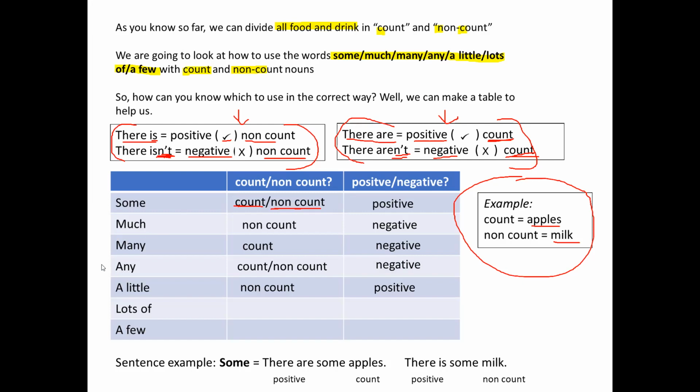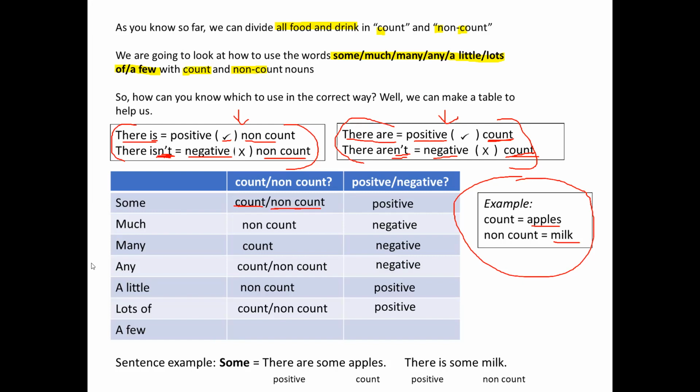Lots of apples, lots of milk. Yeah, both is okay. Again, this is only positive. So in our count sentence, there are lots of apples. In our non-count sentence, there is lots of milk.